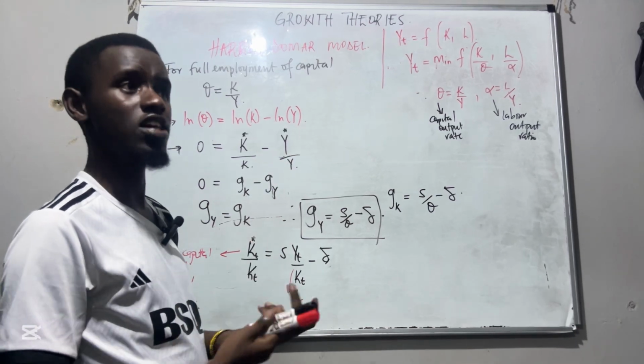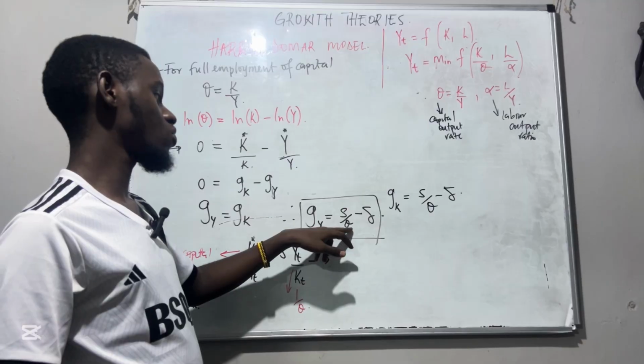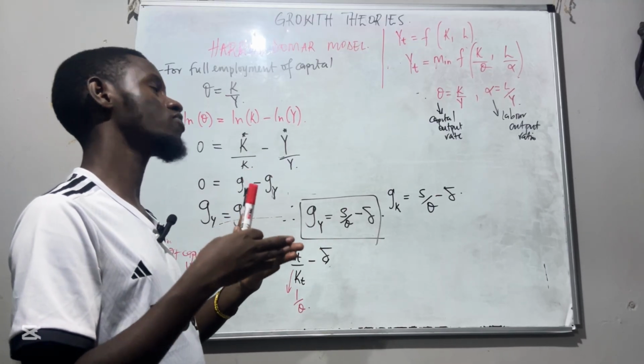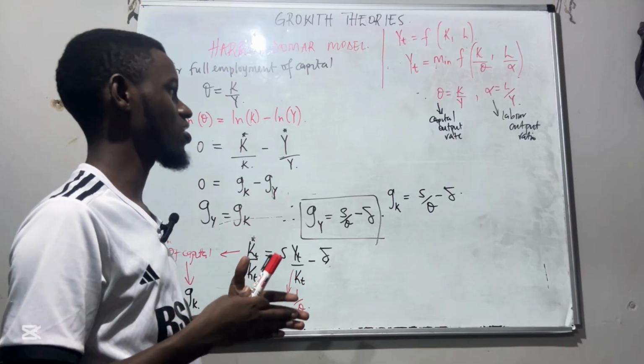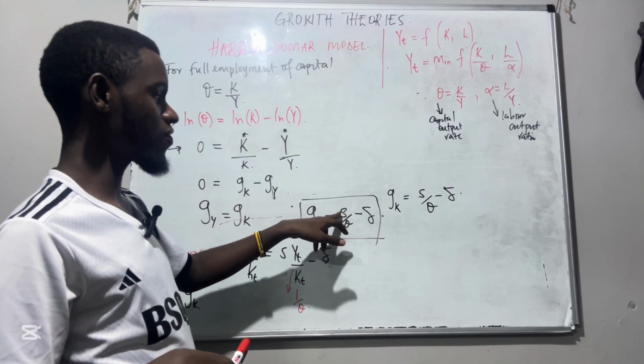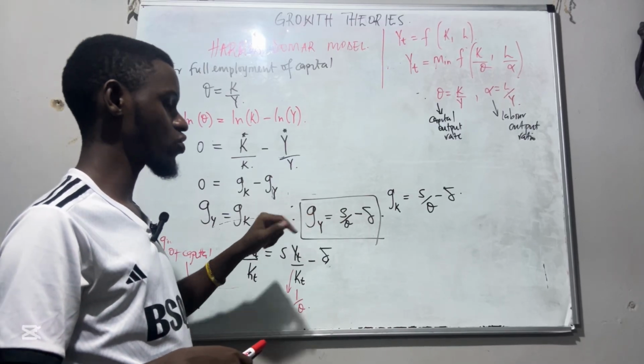If you have a machine, it has to wear and tear. Also, the capital output ratio is somehow difficult to control because in order to produce output, you have to invest in machinery. But the saving rate you can work with, because if you increase the saving rate, output will also increase.